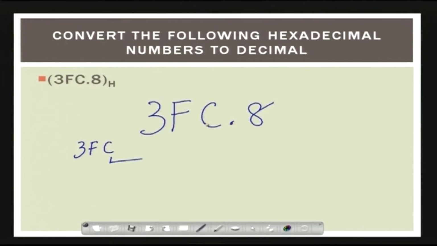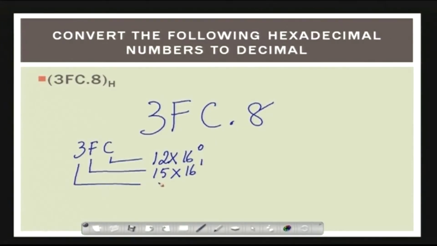Digits which come to the left of the hexadecimal point should be multiplied with weights 16 power 0, 16 power 1, 16 power 2 and so on. We know that C represents 12, so it is 12 into 16 power 0. F represents 15 and its weight is 16 power 1.